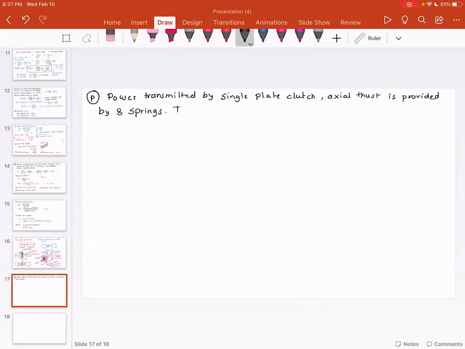The total force is equal to 2400 newtons. Determine the wire diameter based on the following information.